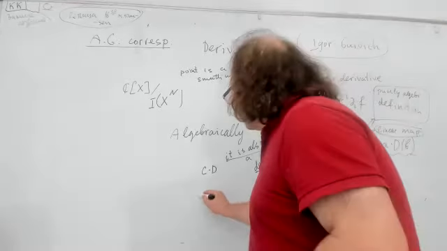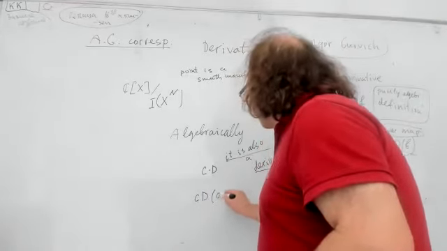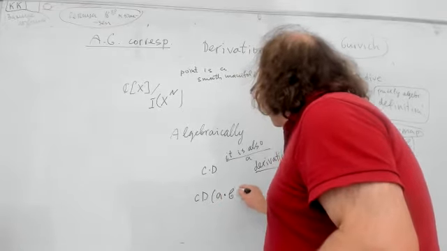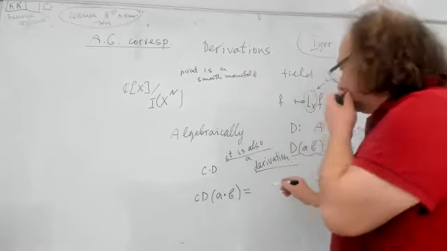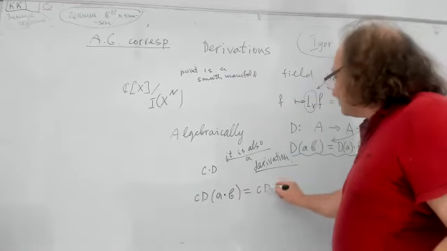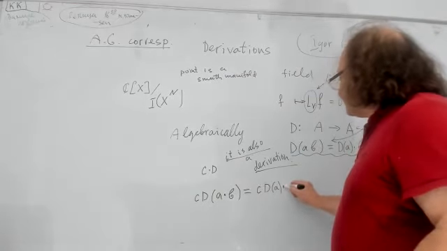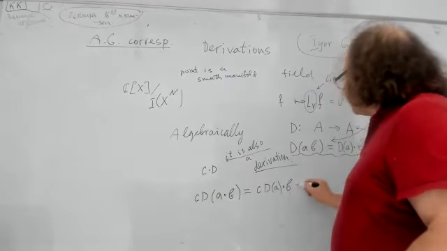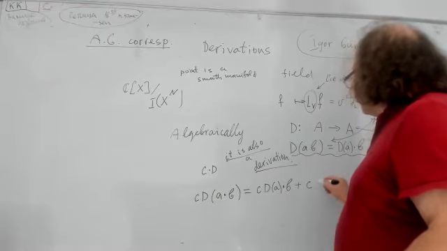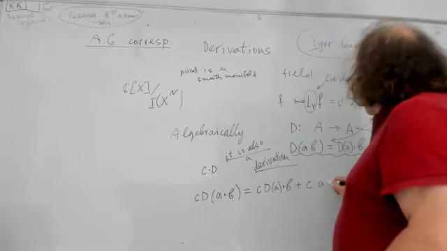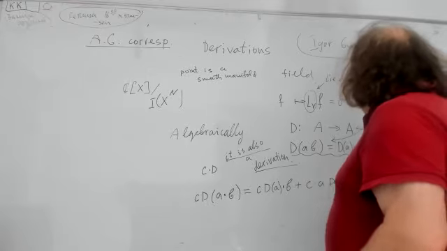Let us check it. CD applied to A times B is C D of A times B plus C A dB.